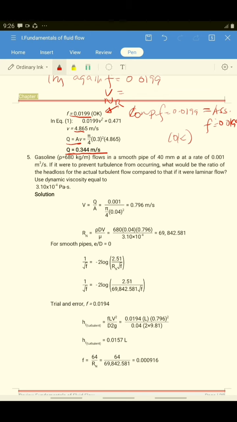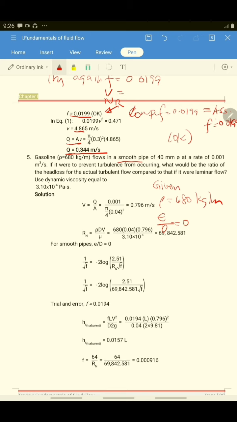Okay, for number 5, you will have to list down the given. Your density is 680 kilograms per cubic meter. Then you take note that the pipe is smooth, so your relative roughness e over D is equal to 0.